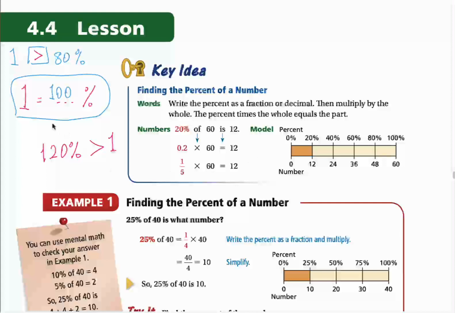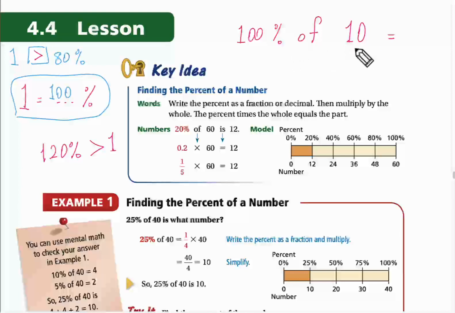So now we understand that if I want 100% of, let's say, 10. What is 100% of 10? Just listen. 100% of a number means that I want the whole number, because 100% is the whole one.